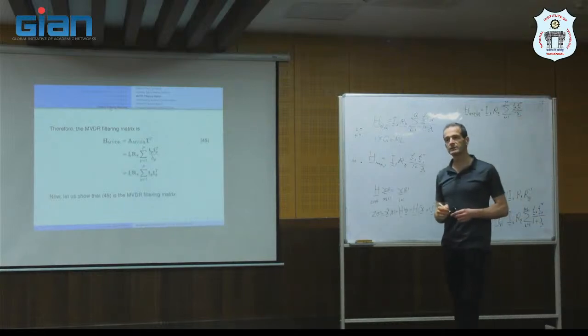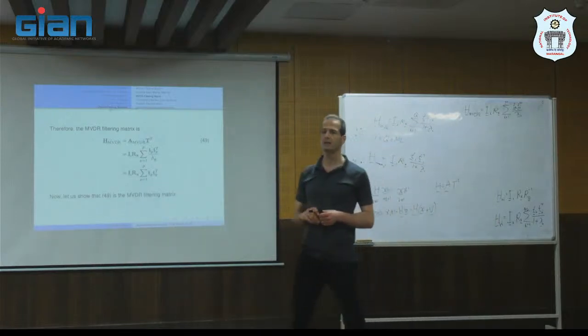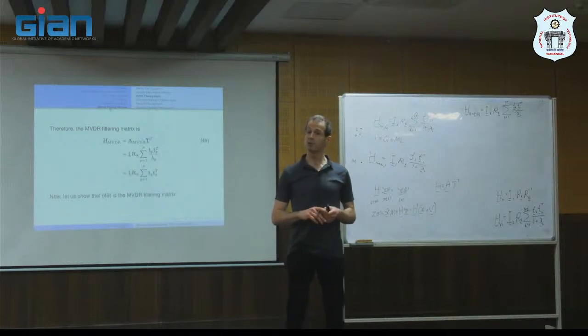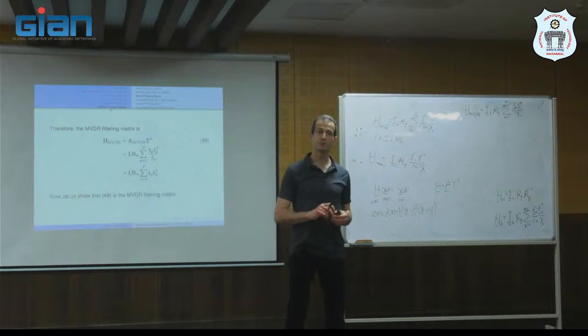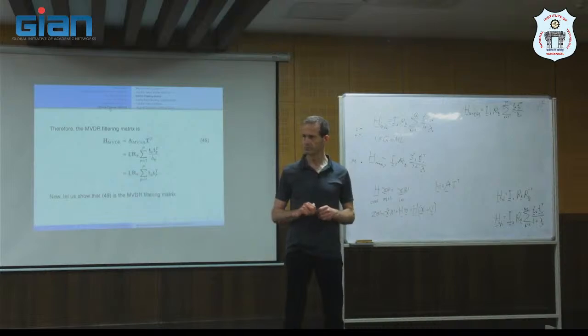Now we have an expression for the MVDR. Now suppose that we want to enable some distortion in order to reduce more noise. The MVDR reduces the maximum of noise without any distortion. Now suppose that I want to reduce more noise, additional noise, and to pay with some distortion.